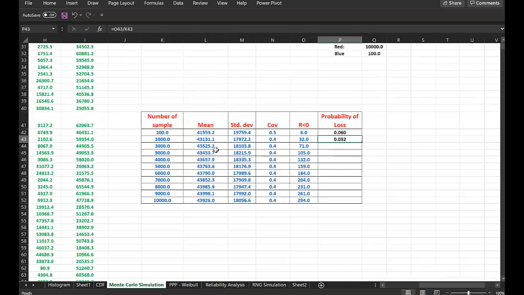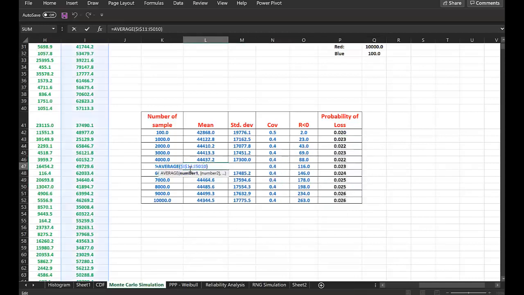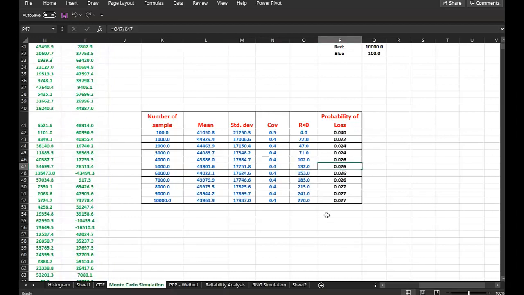So basically I have filled this table, and then I can calculate the probability of loss in each case. You can check any one of the cells. For example, this is the mean for data from I11 to 5010. So 500 data in this case, and the corresponding probability of loss is here. Now we can see there is a change in the standard deviation, coefficient of variation and probability of loss.